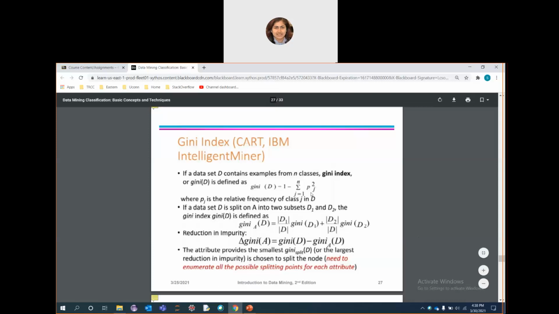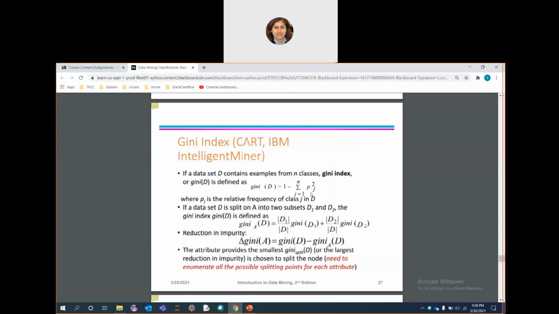The probabilities of all the classes 1 up to n will be added together. Then you make a subtraction from 1 of the whole summation of all the probabilities. Pj is considered as the individual frequency or probability of all given classes. But if the data set is split on an attribute into two subsets D1, D2, then this is the formula for how you calculate Gini for a specific attribute.